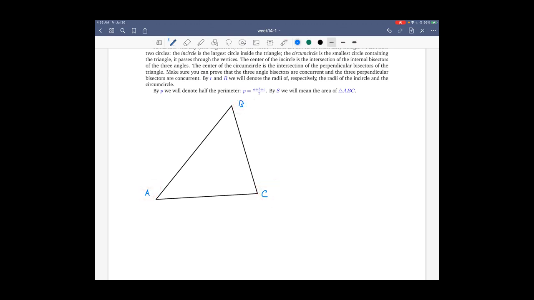The length of the sides will be BC, which is opposite angle A, will have length lowercase a. AB, which is opposite angle C, will have length lowercase c. And AC, which is opposite angle B, will have length lowercase b.